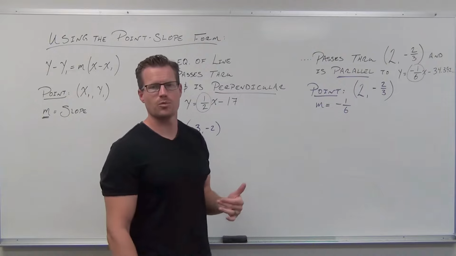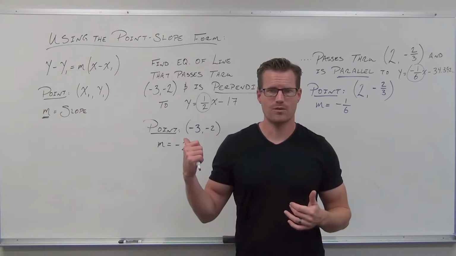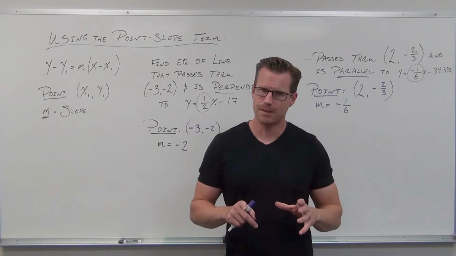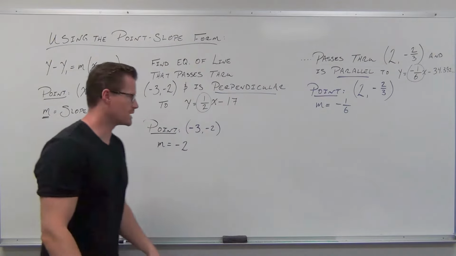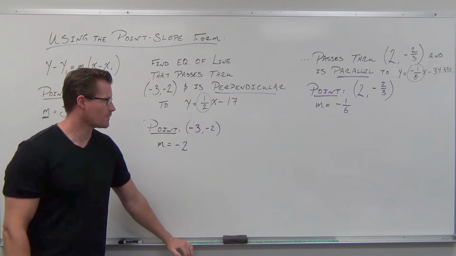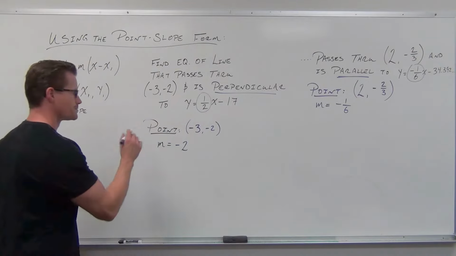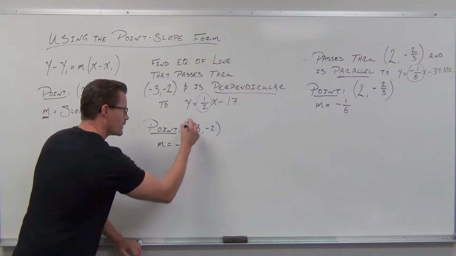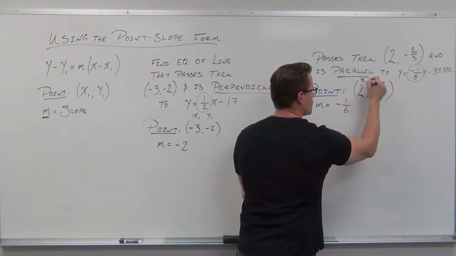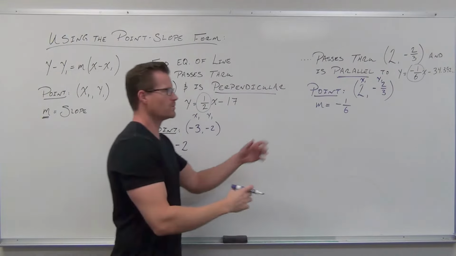Just try the point slope form of a line, and then work it down to solve for y, for slope intercept. If you haven't done that, I need you to try that right now. So take your slope and your point, plug it into point slope. I always like to write x1, y1, just so I don't get confused.